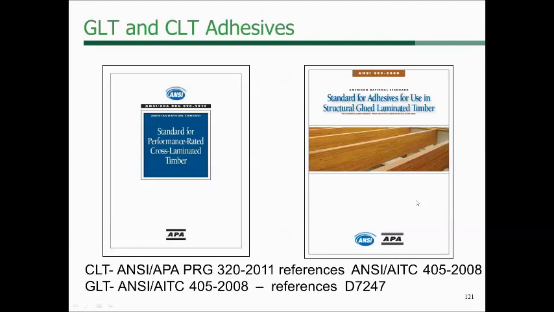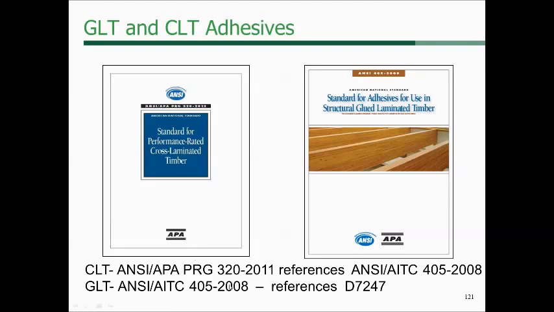These are the adhesives that are used in structural glue laminated timber. So we're using the same glues or adhesives that have been used for years in glue laminated timber that has a history of performing very well under fire exposure. Those are the same adhesives that are specified in the manufacturing of the cross-laminated timber.